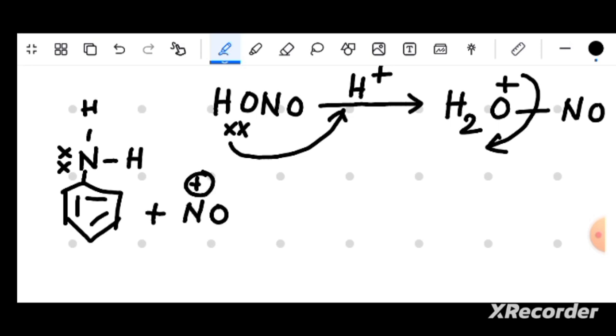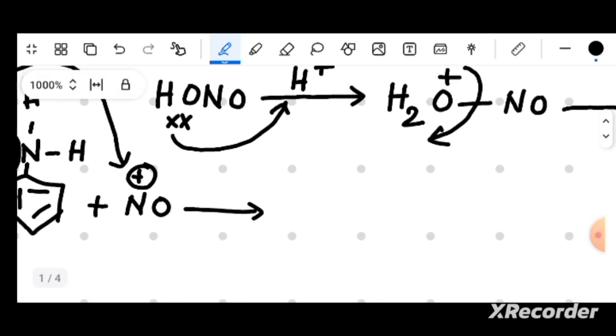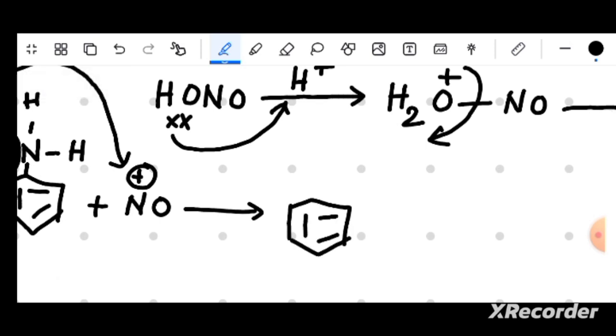Nitrogen lone pair will be given to N plus and form N, H, and obviously after giving the electrons it will be having plus charge, N double bond O.